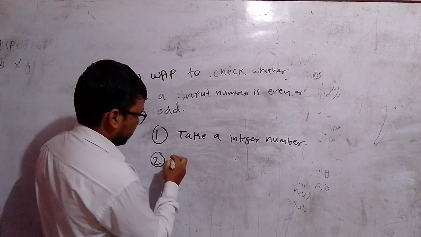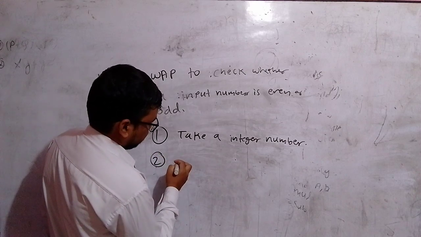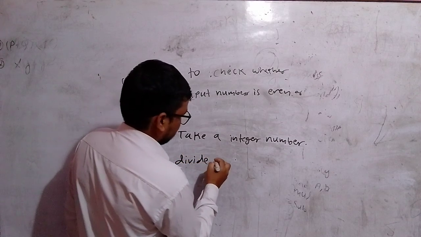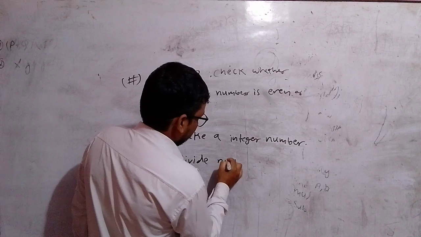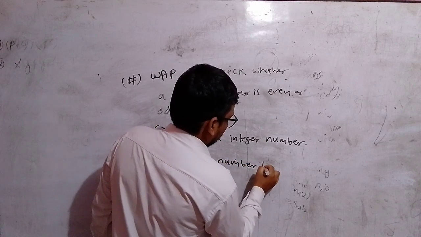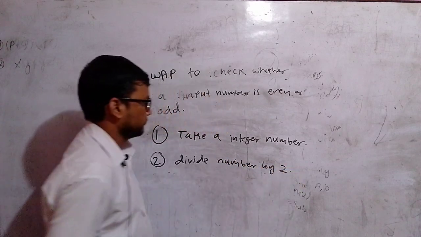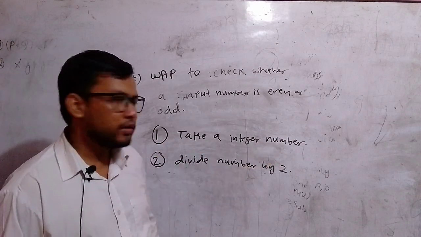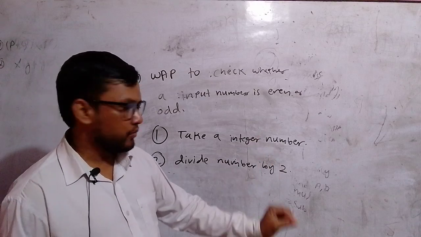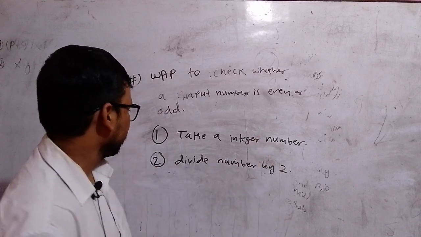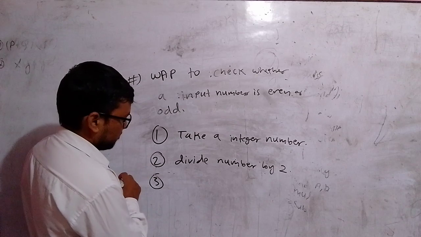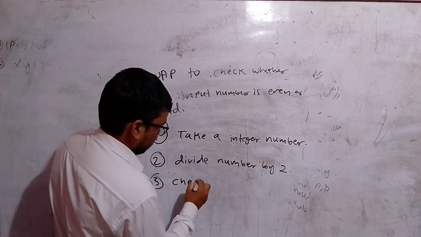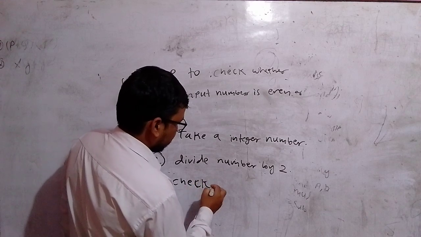Now, divide the number by 2. These are the steps. First step, take an input number; second, divide that number by 2; and 3, what would be 3? Check.